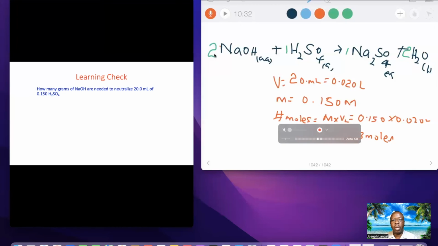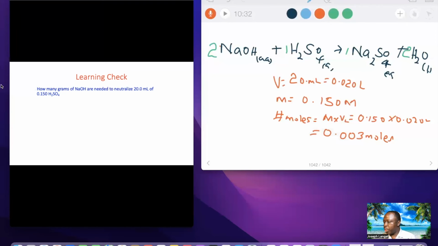This does not mean we will have 0.04. No. This does not mean we'll have 0.3 molar. No. The only thing we know from the balanced equation, from the coefficients, is the mole ratio in this reaction.